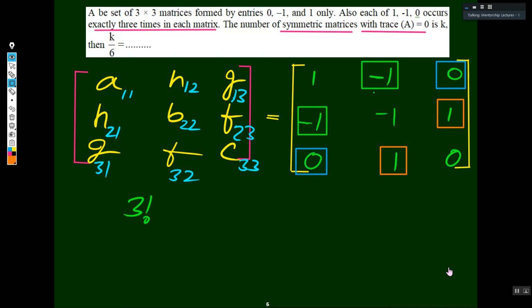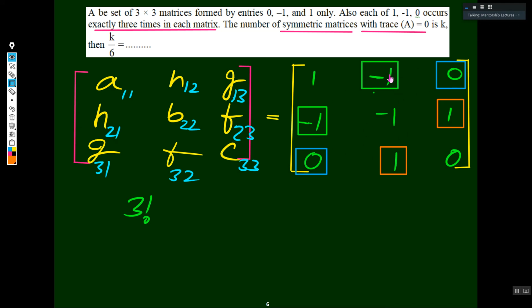Now tell me, how many places can they be rearranged like this? It is only 3 factorial because this will be fixed here. If you fix the part below the diagonal, the above one will be automatically fixed. Similarly, if you fix the elements above the diagonal, then automatically the elements below the diagonal will also be fixed.